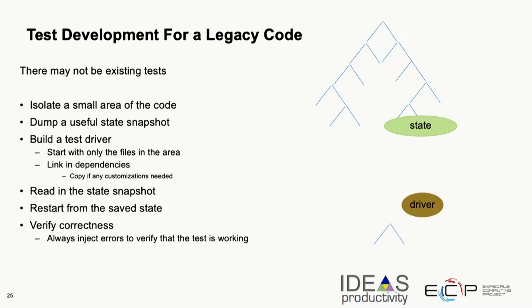Then you write a reader for this state dump, such that the data can be read in and used to populate the data structures for this section of the code. So, that is our driver.